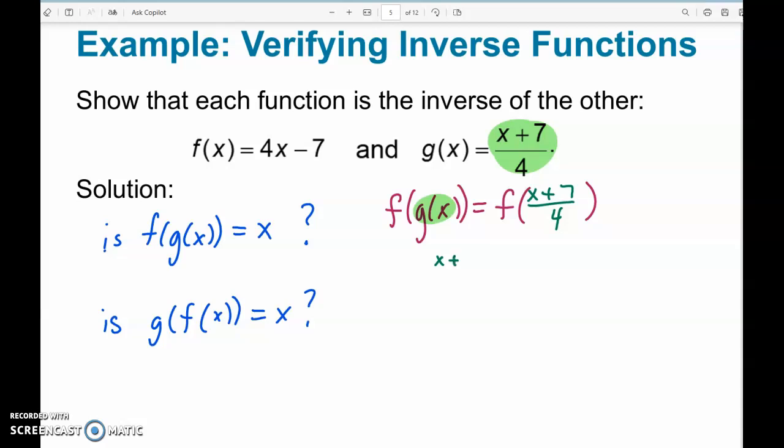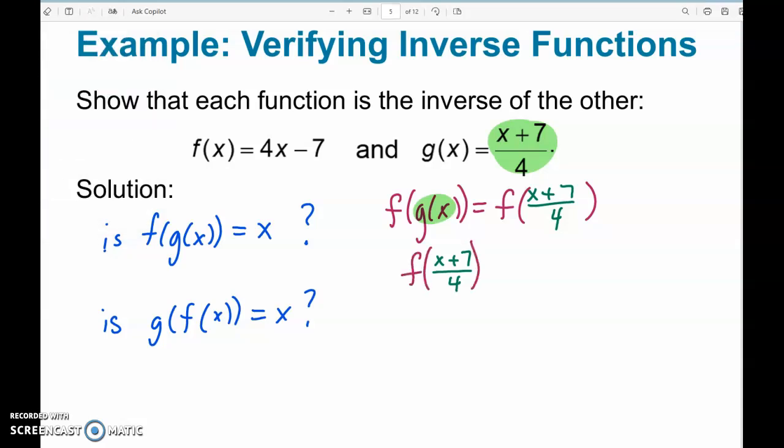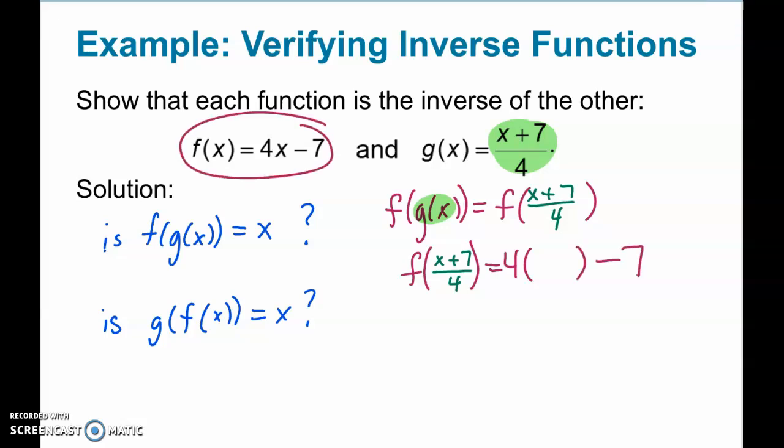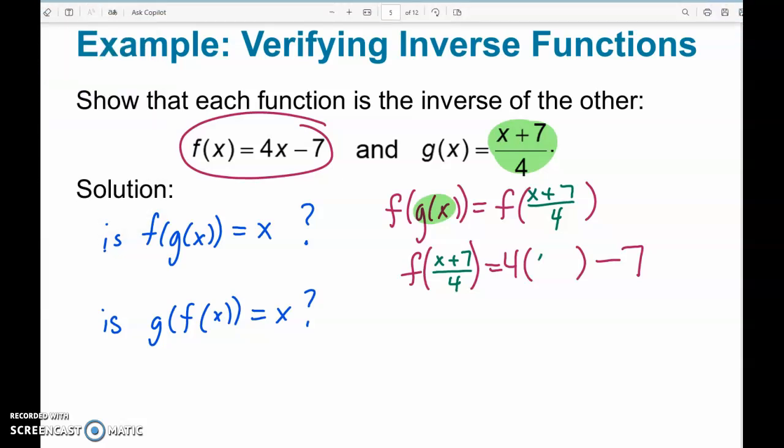That's going to be my input into f. So f of x with input x plus 7 over 4. My function f is 4 times the input minus 7. It's right here. But now my input is g of x, which is x plus 7 over 4.